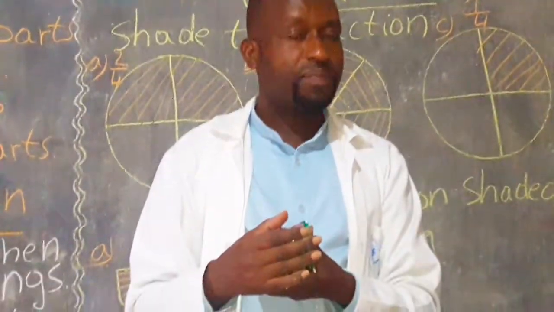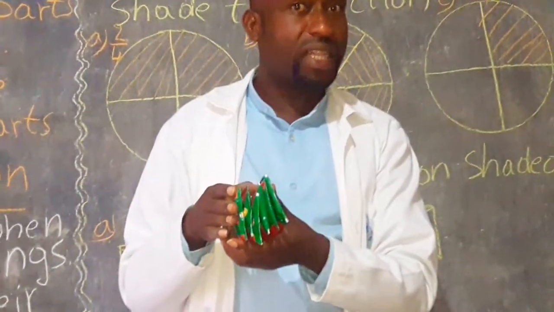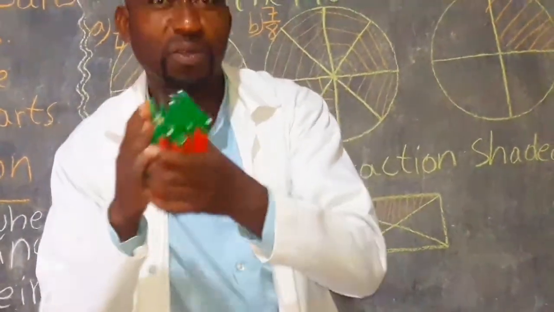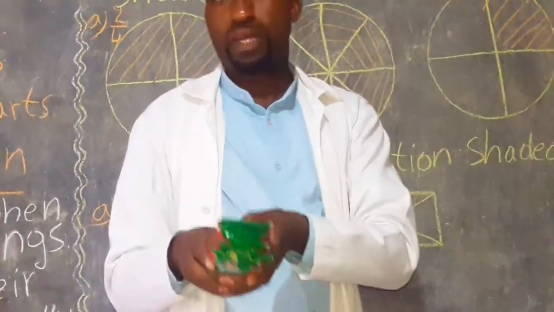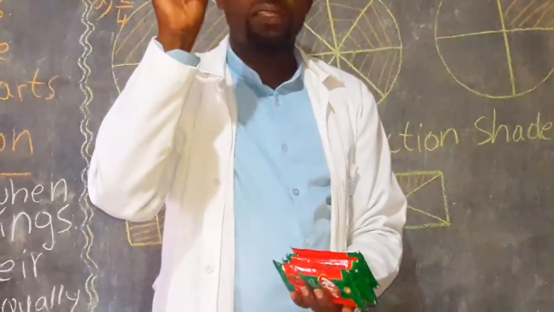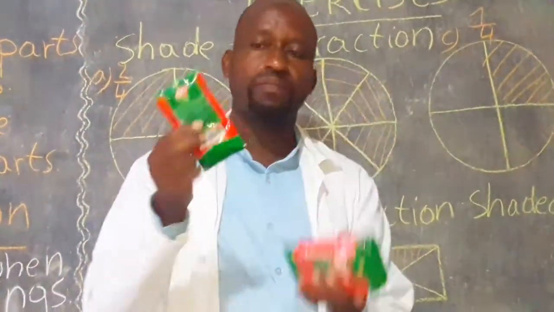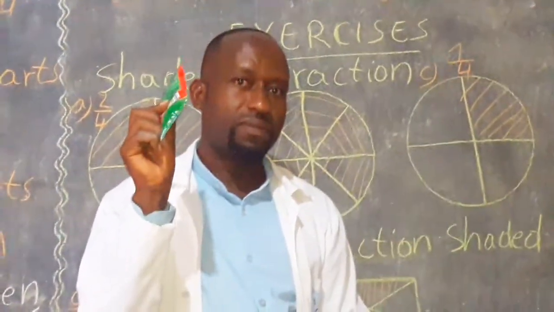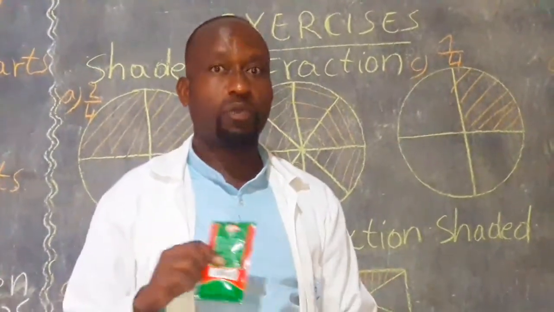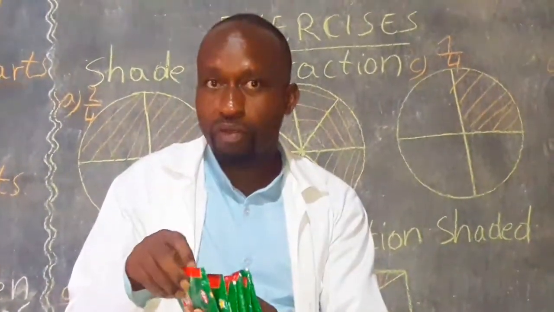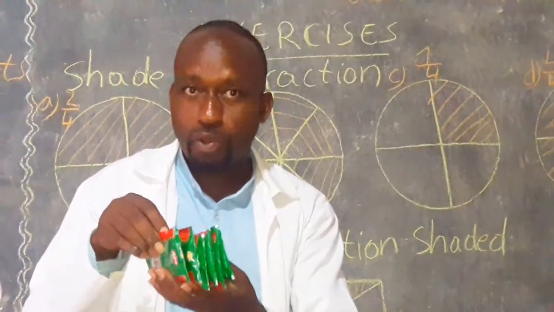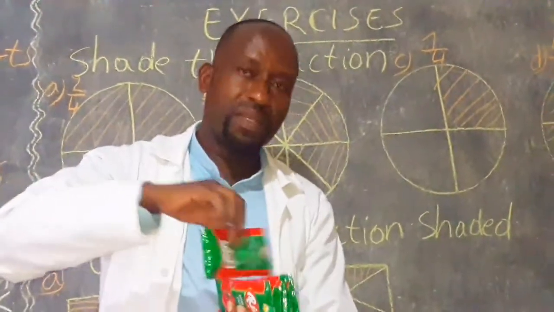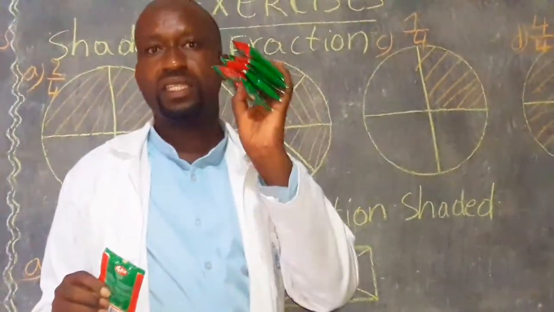That is to say, 6 is numerator or denominator? Tell me. Denominator. Good. I have 6 parts. And I'm going to take 1 in 6 parts. This one represents what? Numerator. Because all number of tomato parts are 6. I take 1 in 6 parts. This is numerator and this is denominator.